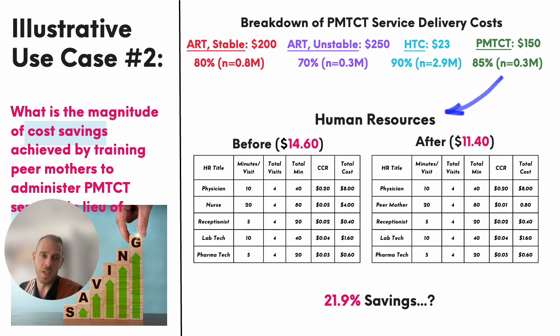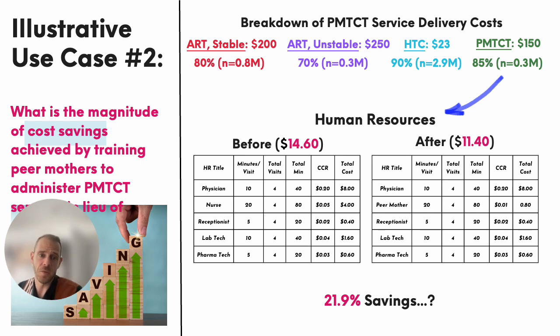So PMTCT currently costs $14.60 for the human resources component. Each PMTCT visit includes, for example, 20 minutes of nurse time, as indicated in the table on the left-hand side. And there are a total of 4 sessions, and so that means 20 times 4 is 80 minutes total being used.